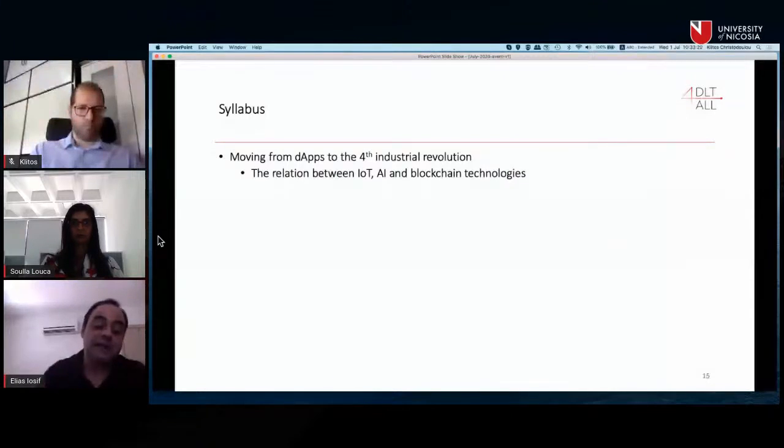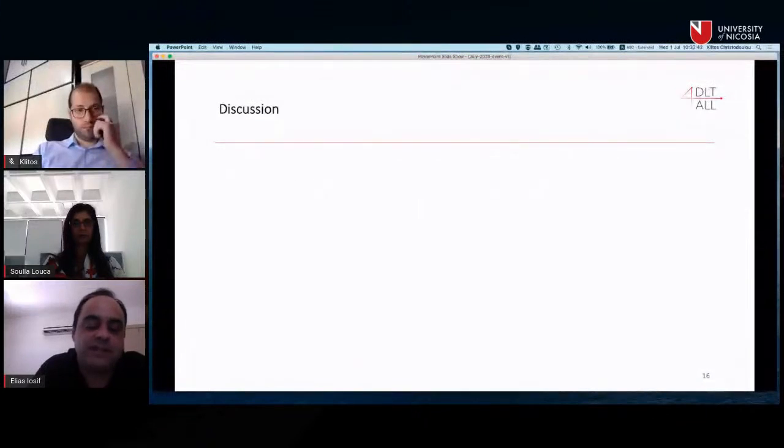So under these conditions, we see a natural but challenging fit between those three broad technologies, which is, as I said, a step, probably a small step, but a step towards the vision of the fourth industrial revolution.